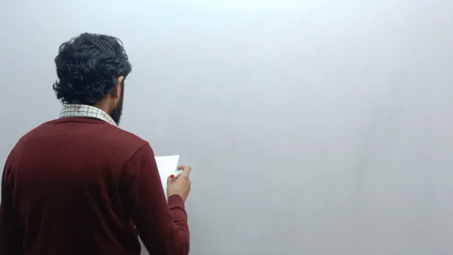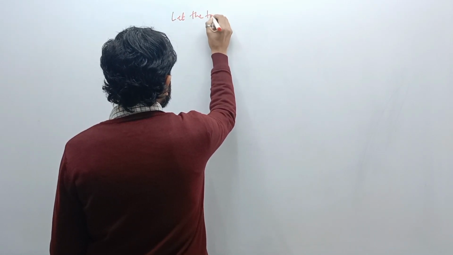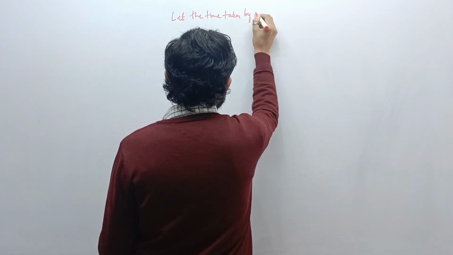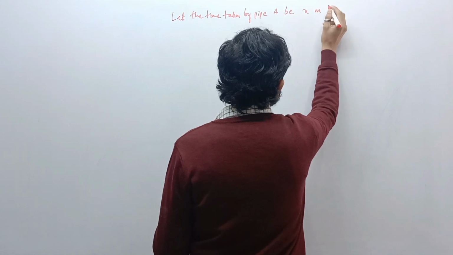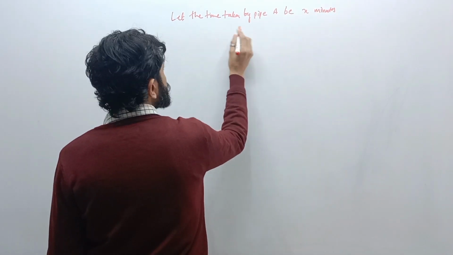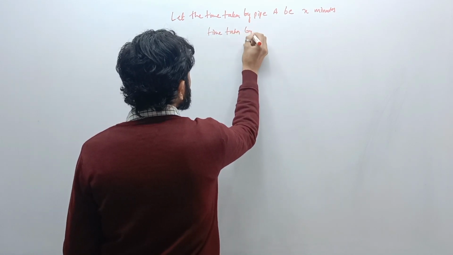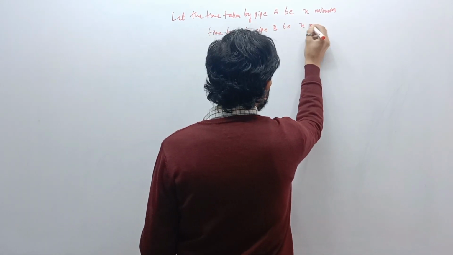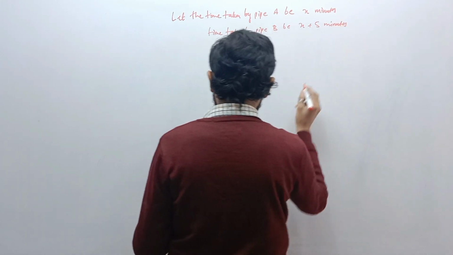So here, let the time taken by pipe A be x minutes. So according to the given condition, the time taken by pipe B will be x plus 5 minutes.